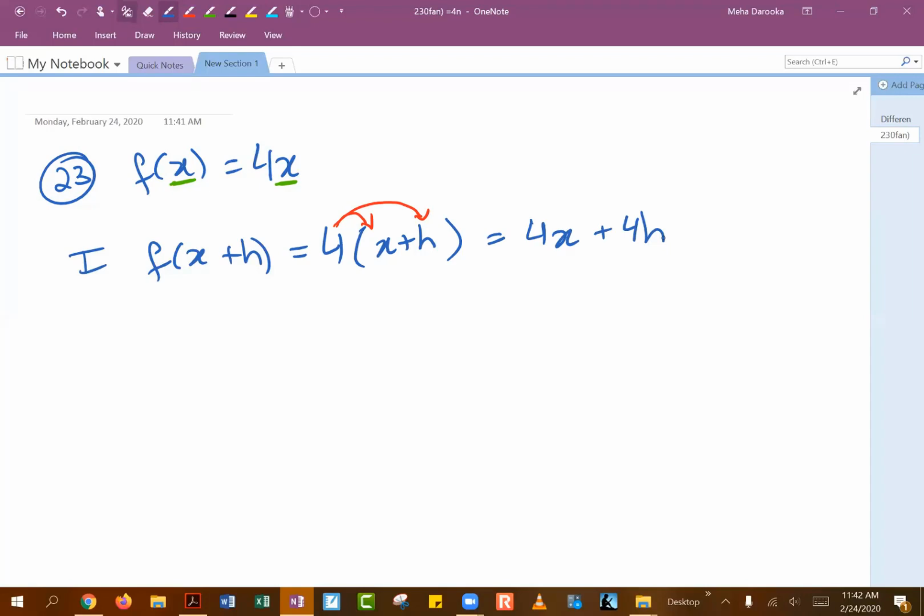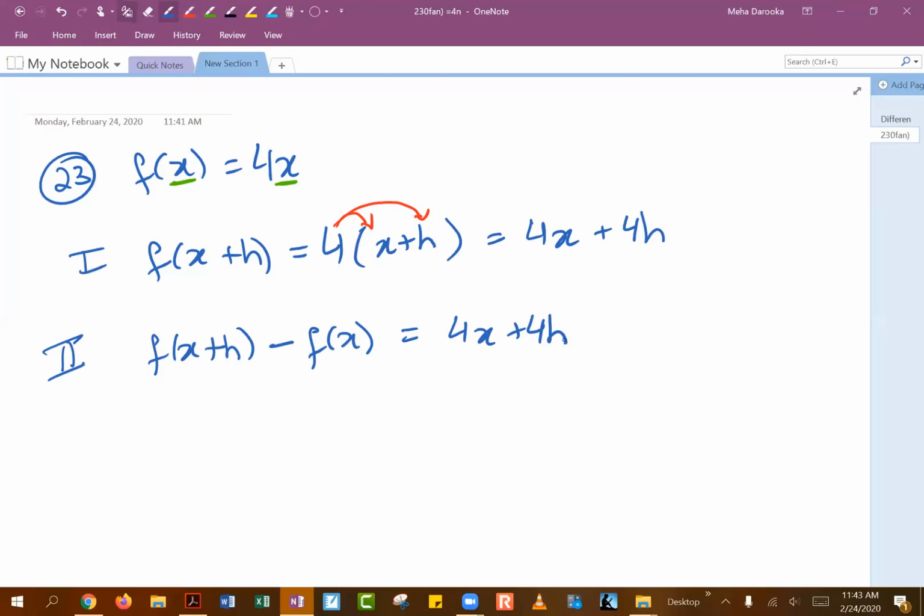That's it, right? Then the second part was the numerator part of our difference quotient, which is where we bring in the subtraction. So we take this answer from part 1 and subtract the original f of x function, right? So write down what we got here, which is the 4x plus 4h. Now this is our first part.